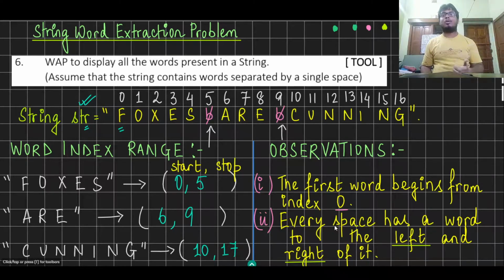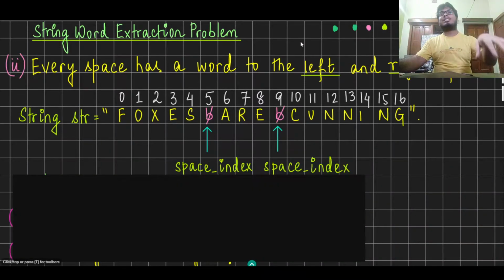The first word begins at index 0 and whenever we get a space, there will be a word to its left and a word to its right. Okay. Now, from the second observation that we have made, can you tell me how can we get, knowing the space index, the stop index for the left word and the start index for the right word?